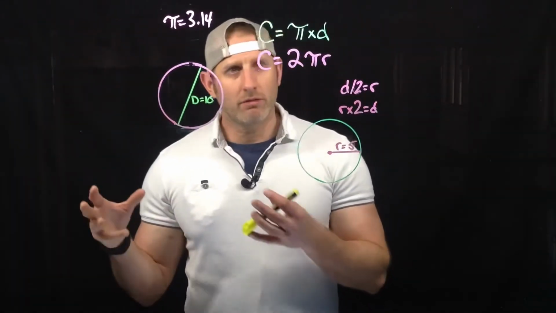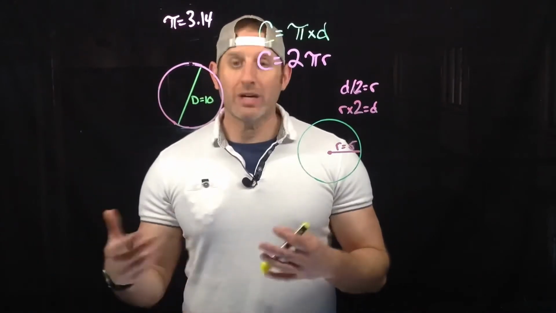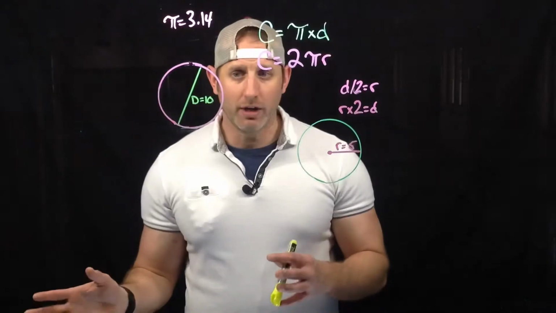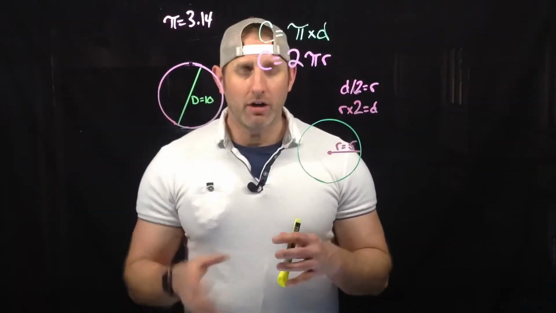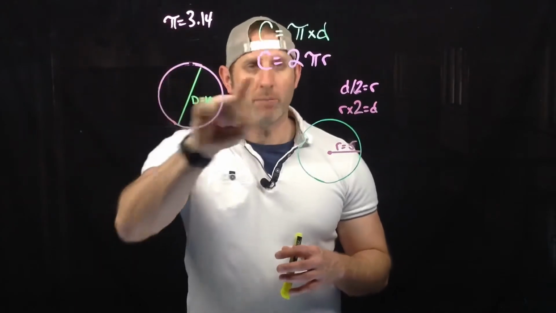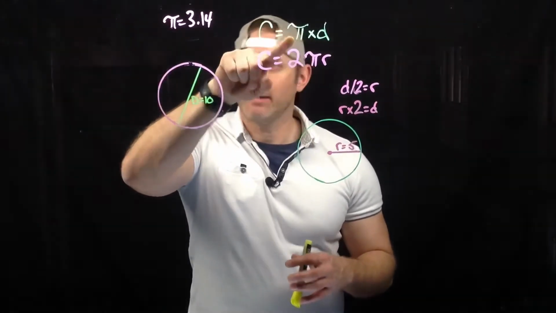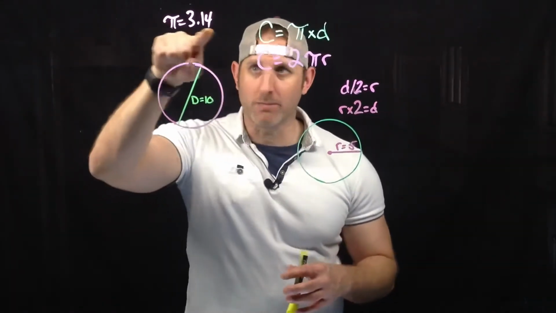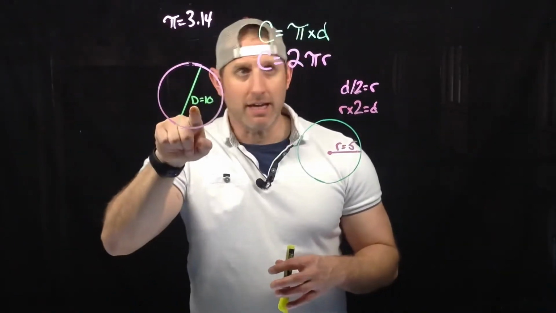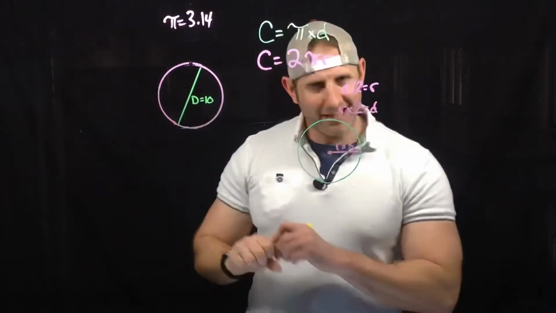Formulas, if you understand them, they're pretty easy, because all we have to do is plug in the numbers that we know. And if you take a look here, do we know c? Currently we don't. But do we know pi? Yes, pi is always going to be equal to that. And do we have d? D is 10. So let's do that math.